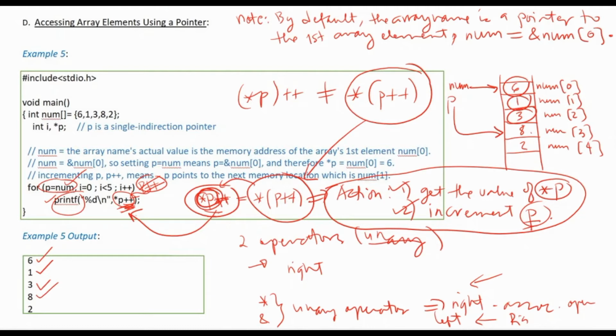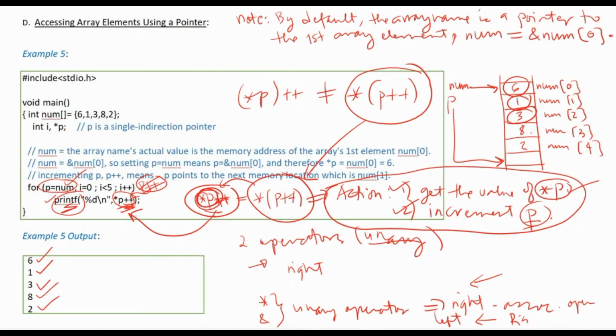After that, we increment P. This is now pointing on the last element 2. Then we get the value and display it. So we have that value there, 2. And then increment P. So when the for loop ends, where is P pointing? It is pointing on the memory location right after the last element because you increment it.